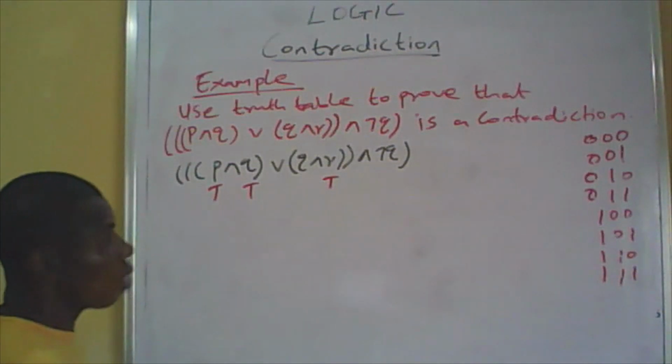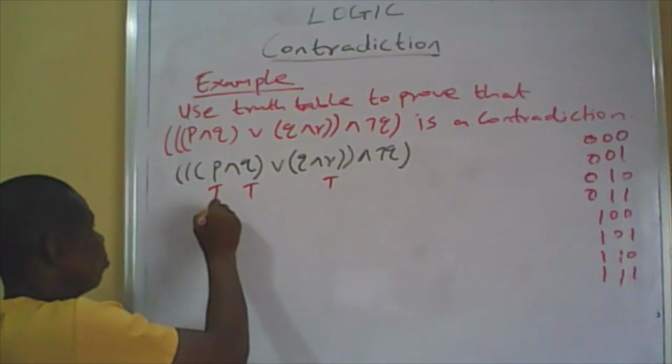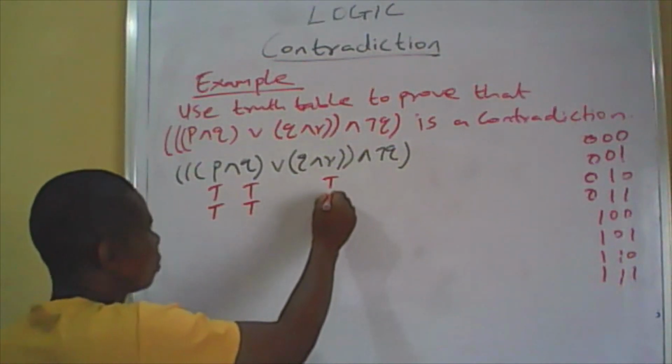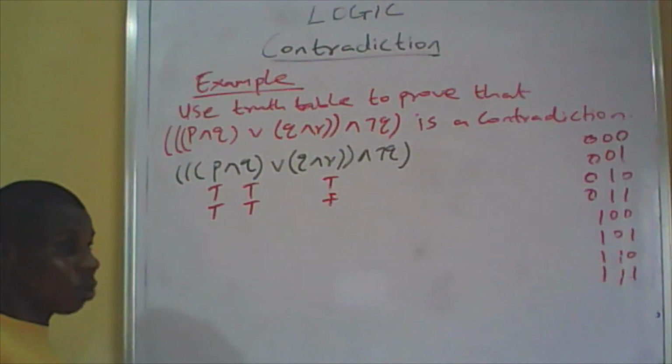Then another one we have 110. That means P is T, Q is T, R is F. Third one, I have 101.